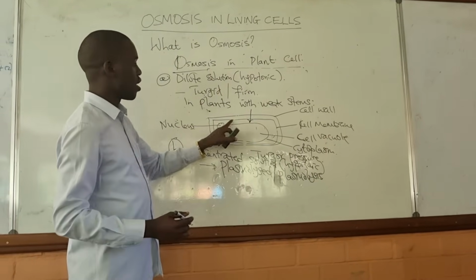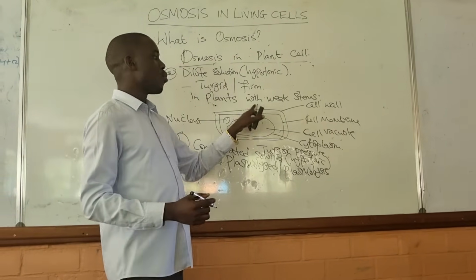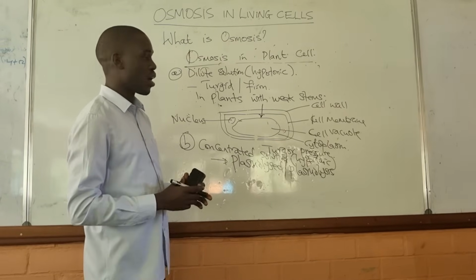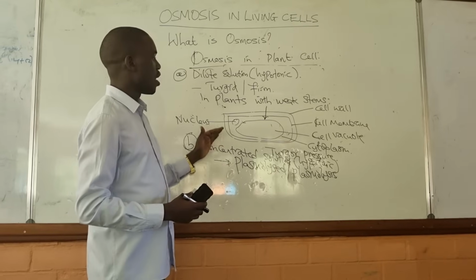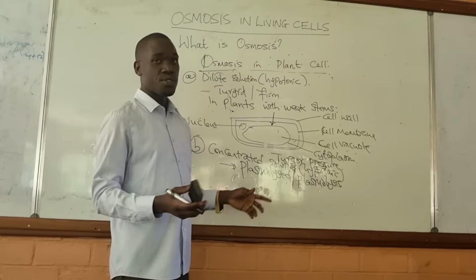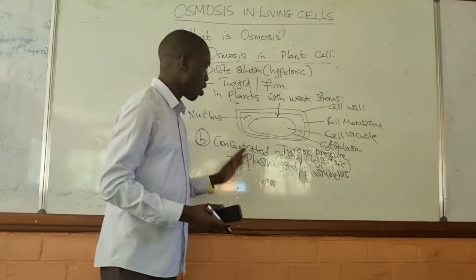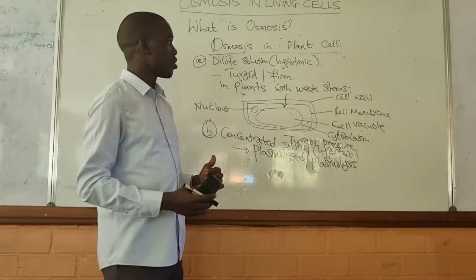Plasmolysis is when the cell membrane pulls away from the cell wall of the plant cell. So that is as a result of loss of water molecules from inside the cell to a concentrated solution.